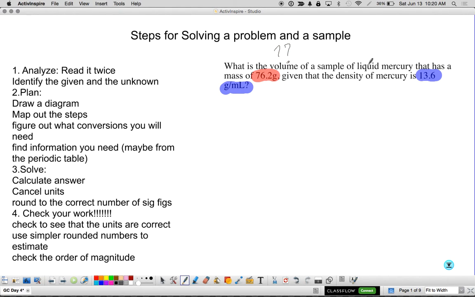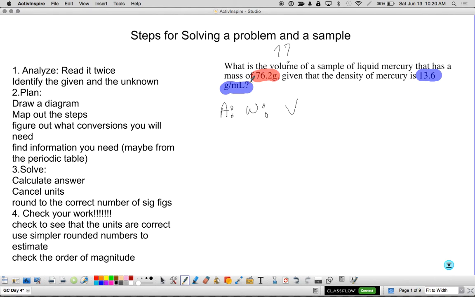Trying to find the volume of a sample of liquid mercury that has a mass of 76.2 grams, given the density of mercury. Identify the given and the unknown. So in my analyze step, I need to know what I want. Wanted is the same as unknown. And I want to find the volume.